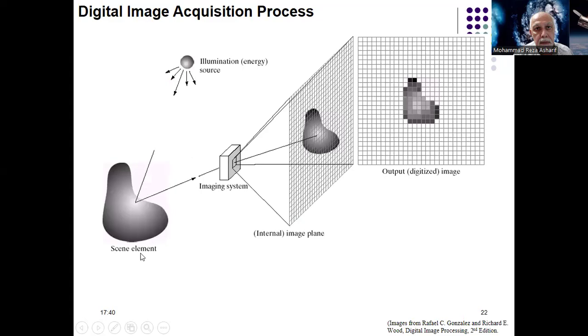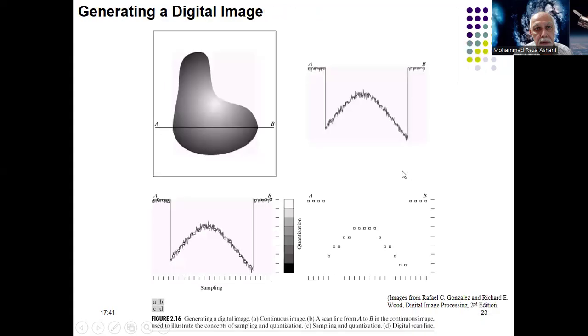And this, as I said, is image sensing and an internal image, and then this is the digital image. And this is for one line of A to B. We have different levels from white here to black, and then gradually getting lighter here, and then getting darker here, and then getting white here.